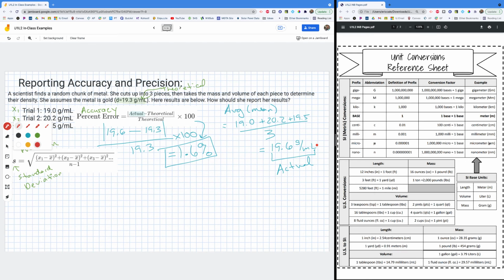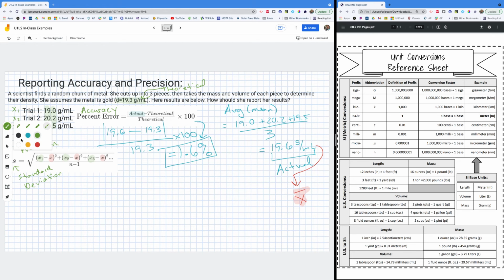So this also happens to be x bar. So x1, x2, x3, that's all of this data right here. And x bar for each of these is this right here, the 19.6. N is the number of measurements we had, and we already found that.